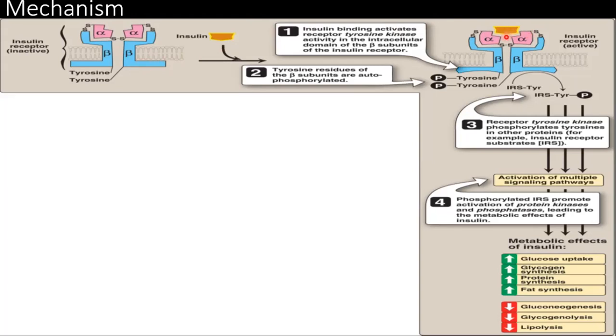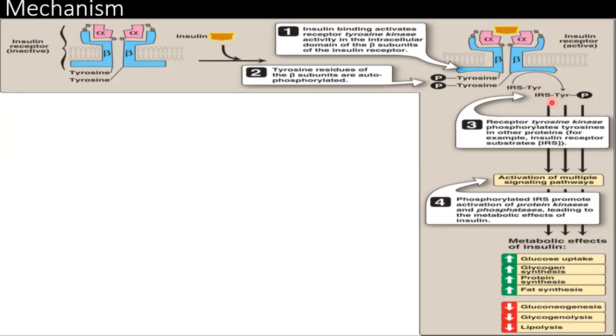Once insulin attaches to the insulin binding site on the alpha subunits, it causes conformational changes which are then transmitted to the beta subunit, causing phosphorylation of tyrosine. That leads to the activation of the tyrosine kinase, which will phosphorylate another tyrosine found in the insulin receptor substrates.